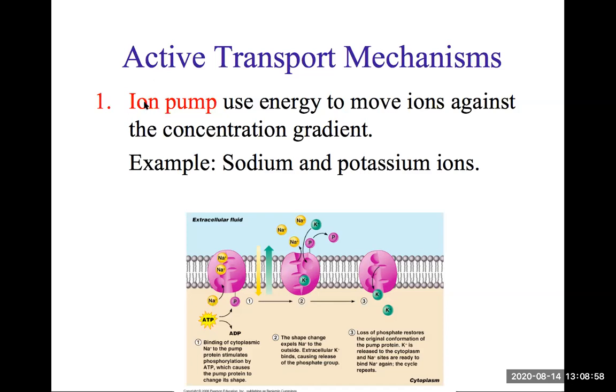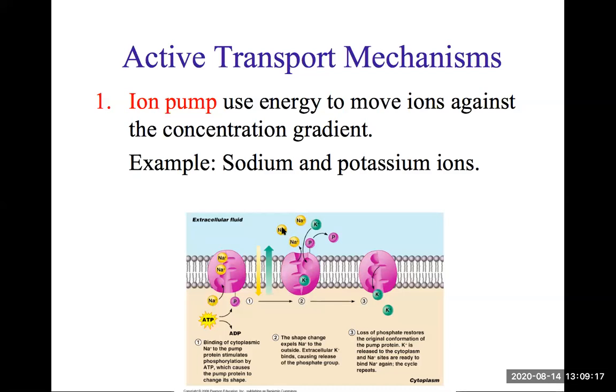If you recall, the ions are charged particles. You can see right here how some of these have little pluses on them. Okay, and then we've also got these guys down here. So the letter K stands for potassium, and the Na stands for sodium.